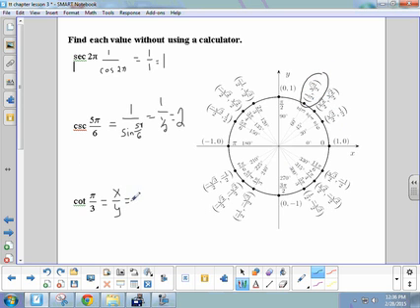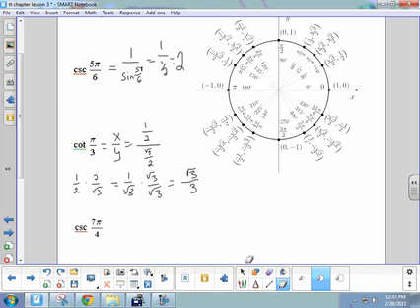So that's going to give me 1/2 all over radical 3 over 2. Remember, dividing is like multiplying by the reciprocal. You're going to get 1 over radical 3. You need to rationalize that. And you're going to get radical 3 over 3 as your answer.